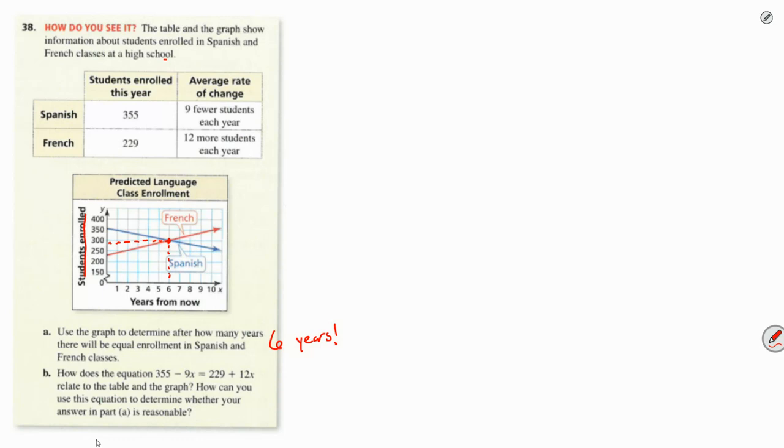How does the equation 355 minus 9x equal 229 plus 12x relate? Well, let's go ahead and solve it out and just see what kind of magic happens.